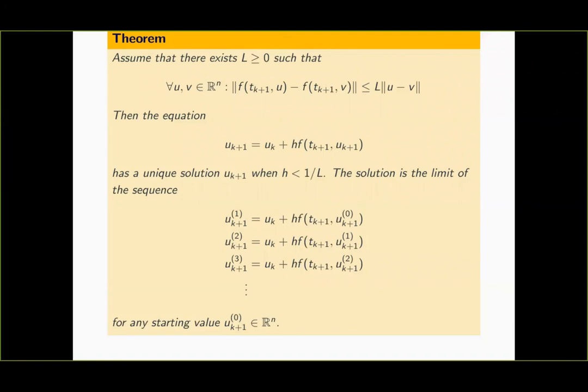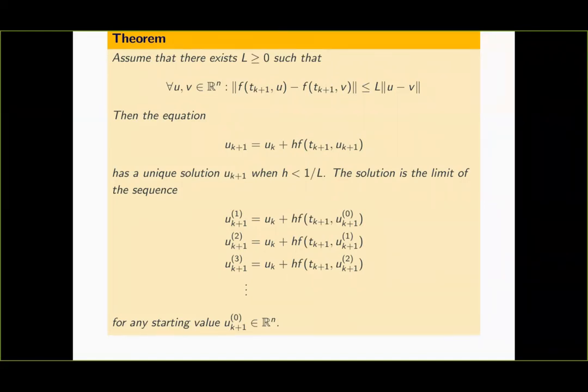Having obtained u_{k+1}^1 in that manner, I compute u_{k+1}^2 equal u_k plus h times f of t_{k+1}, u_{k+1}^1, and so on and so on. And that sequence of approximations of u_{k+1} is in fact going to converge to the true solution u_{k+1}.